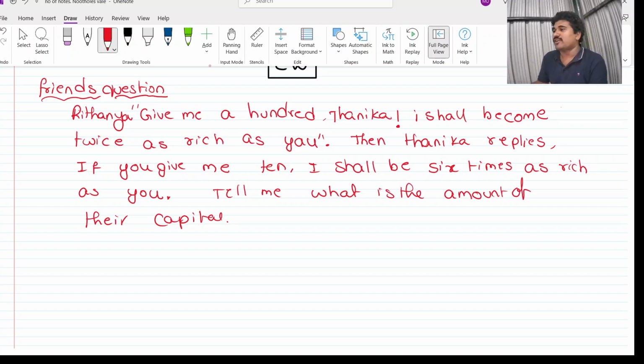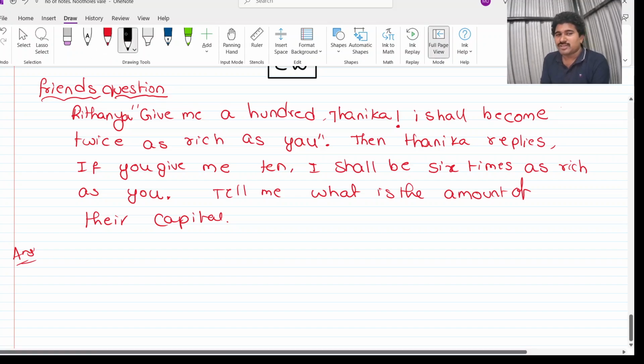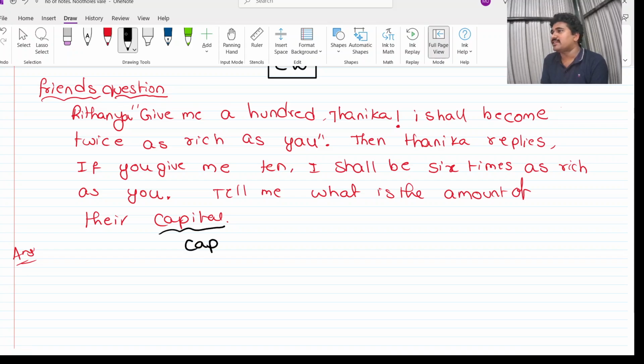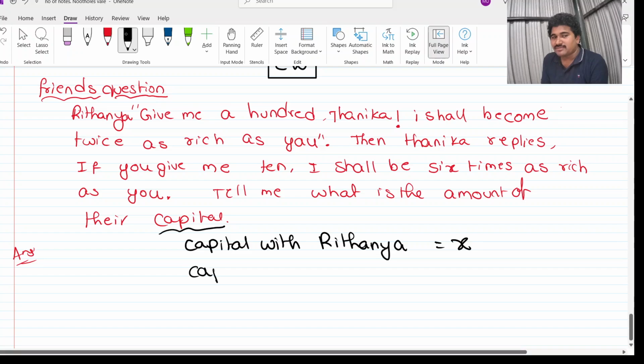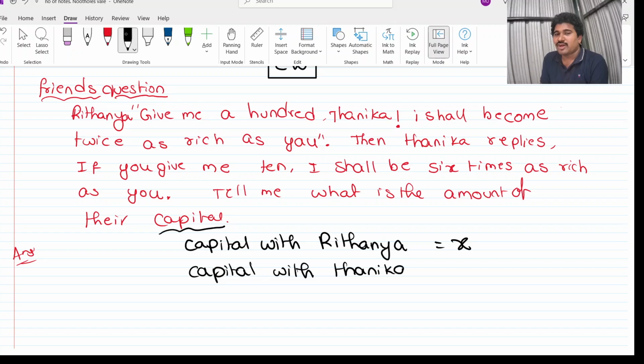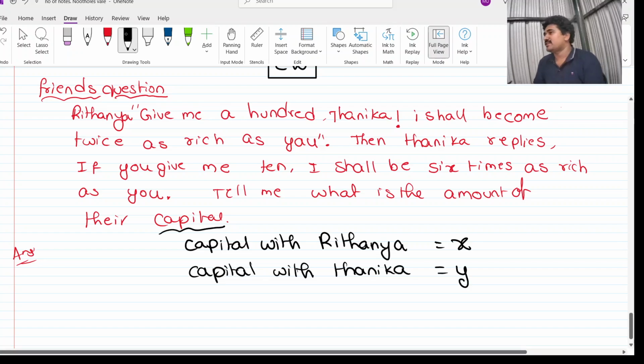Give me 100. First of all, we'll name their money, how much they are having initially. Capital with Ritanya: X. Capital with Tanika: Y. Correct?